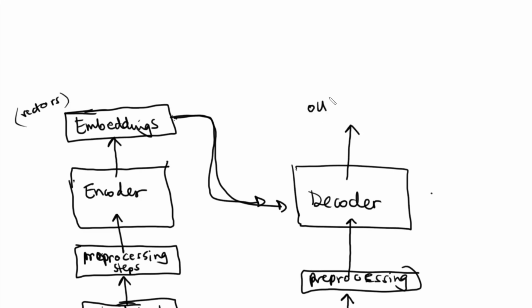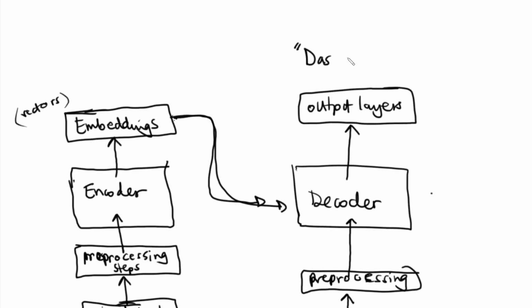And here we'll have some output layers. We're actually going to build some of these layers and then you'll see them at work. When it's done translating one word at a time, it might write something like... I will not try to offend people who can speak German by pronouncing this, but I'm just going to write it down.